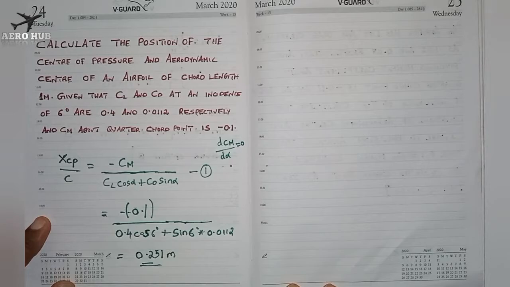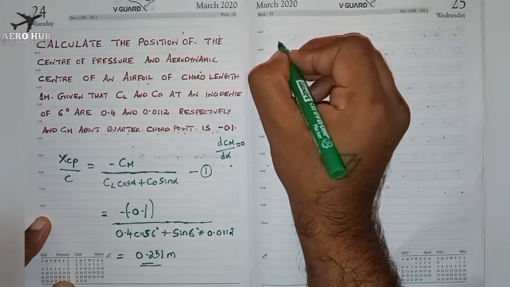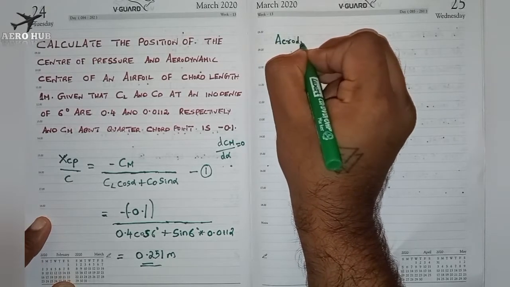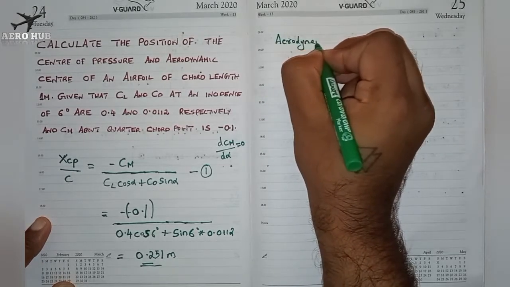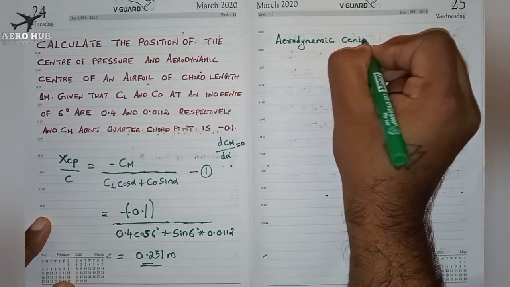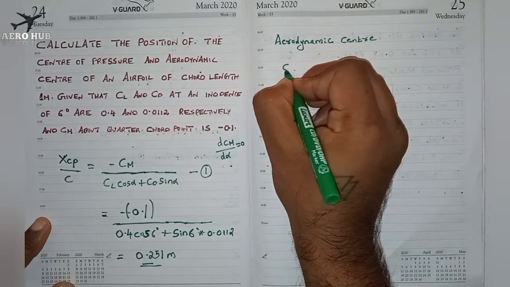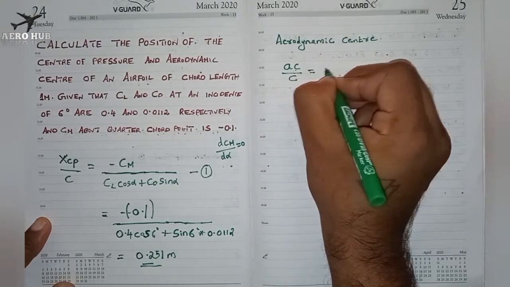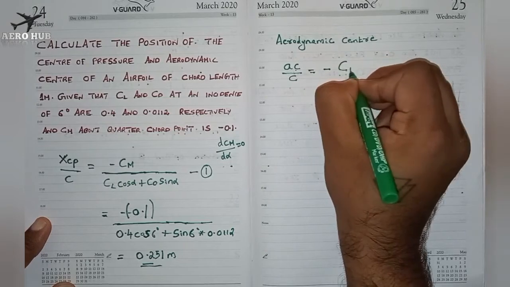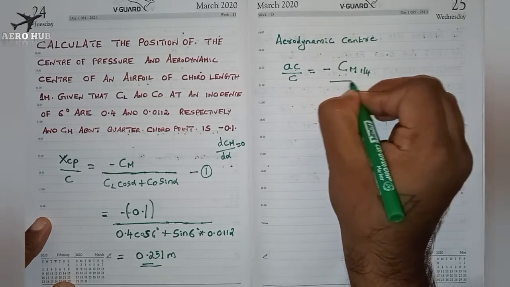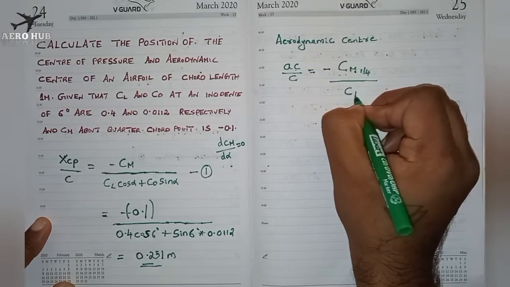Okay, now I have to find out the position of aerodynamic center. So the aerodynamic center is a very important position for an airfoil section. It's given by AC by C is equal to minus of Cm quarter point divided by Cl.